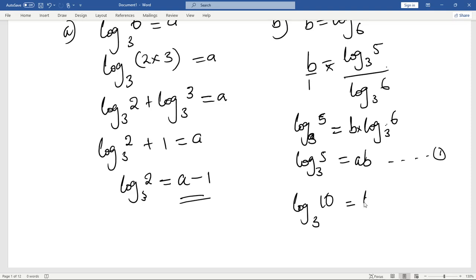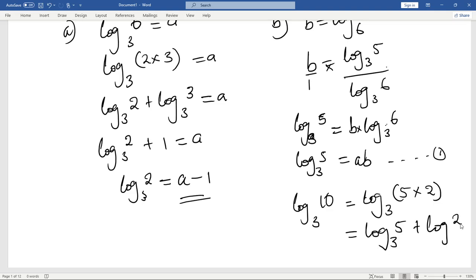This here is the same as log of 5 times 2, so we have log 5 plus log 2 to the base 3.